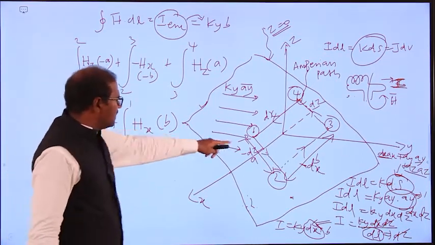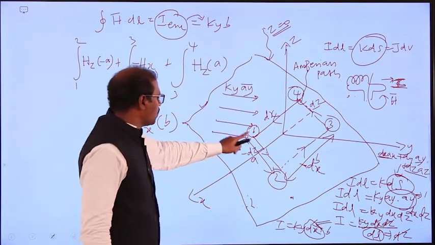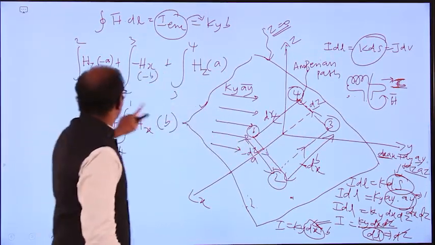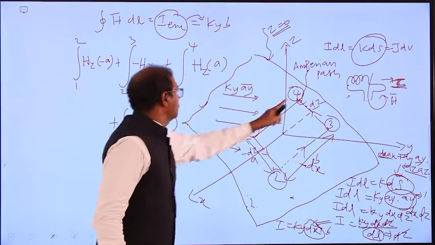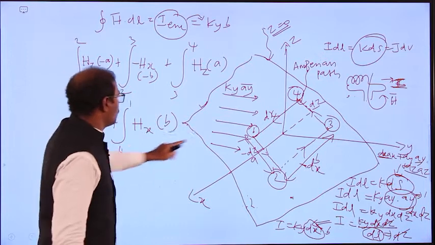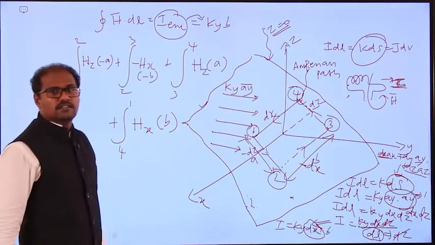Again, we can take the four paths: 1 to 2, 2 to 3, 3 to 4, and 4 to 1.